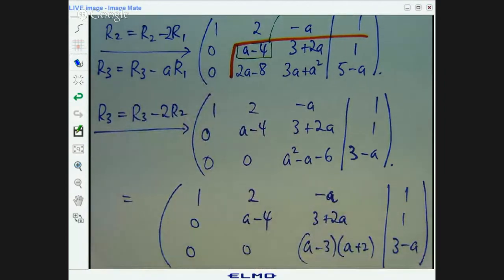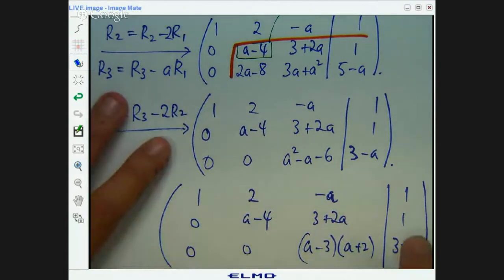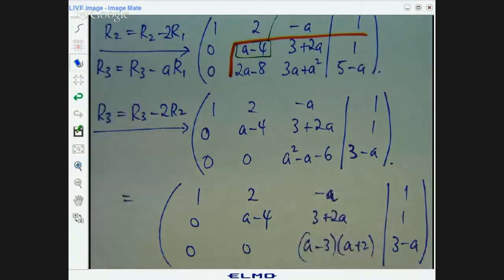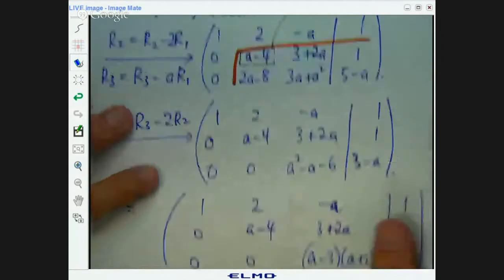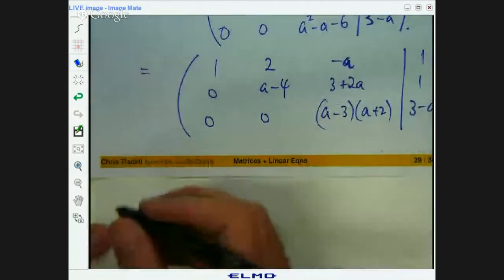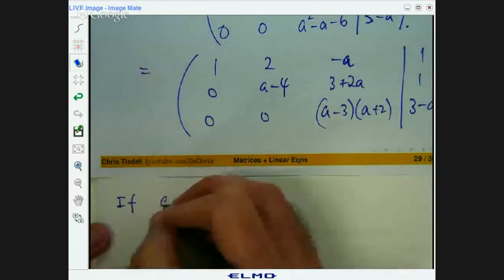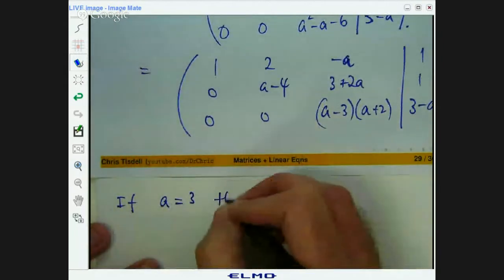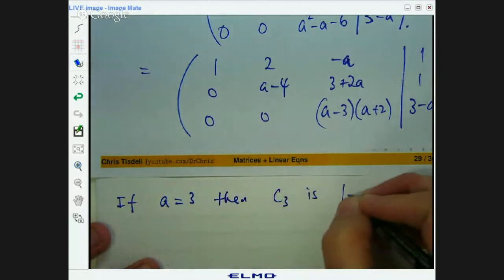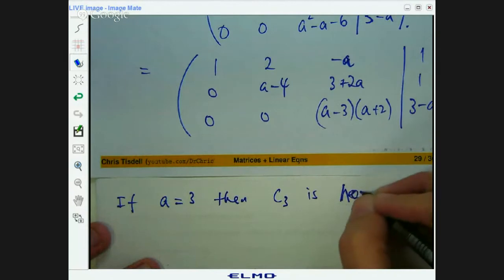So in that case, basically column 2 will be non-leading, and so that means column 3 will be non-leading, and that means that there will be an infinite number of solutions for A equals 3. So C3 is non-leading.